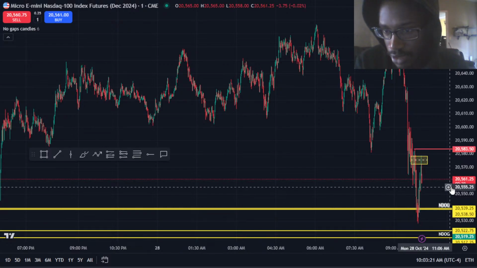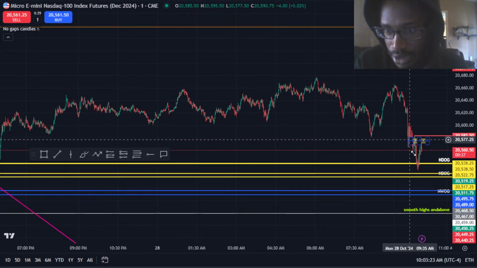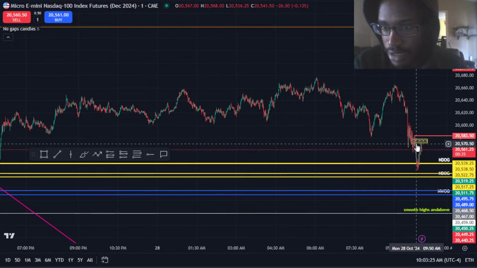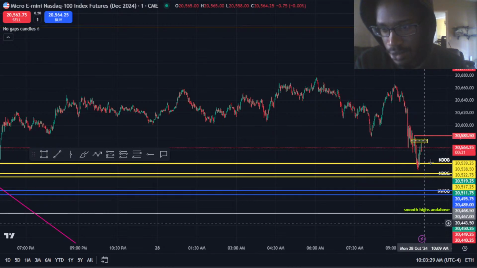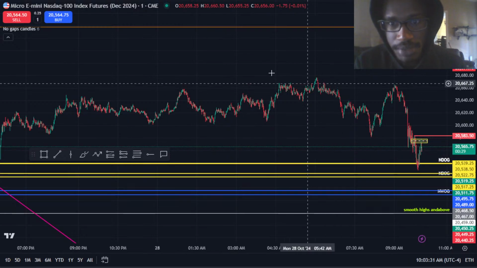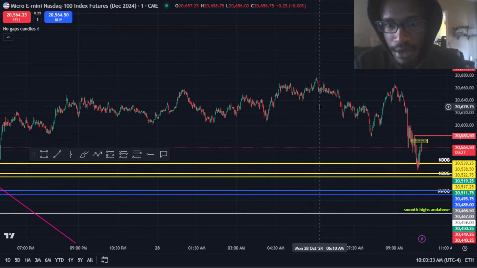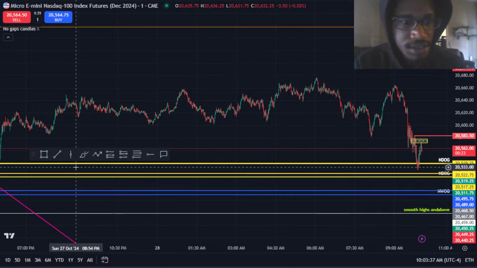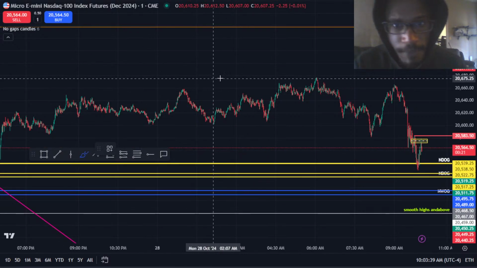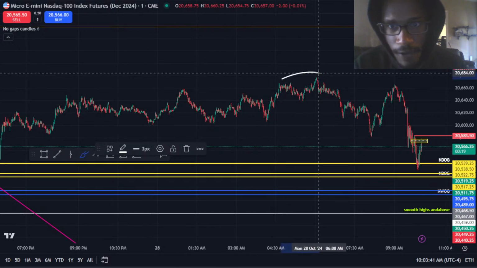And we tap into a new day opening gap as well. If this doesn't give us a move higher above this high, then we could expect price to take out these lows. But we do have smooth highs from overnight or the London session here.